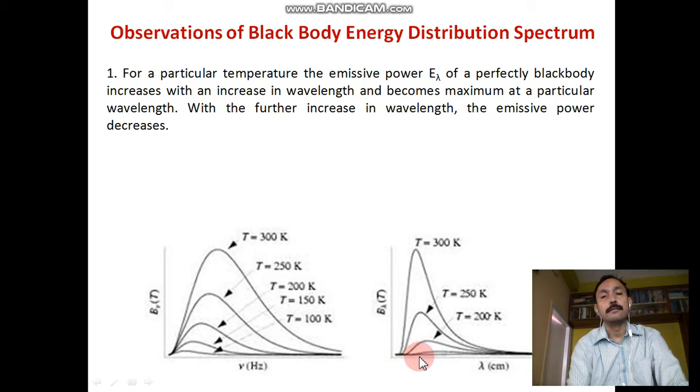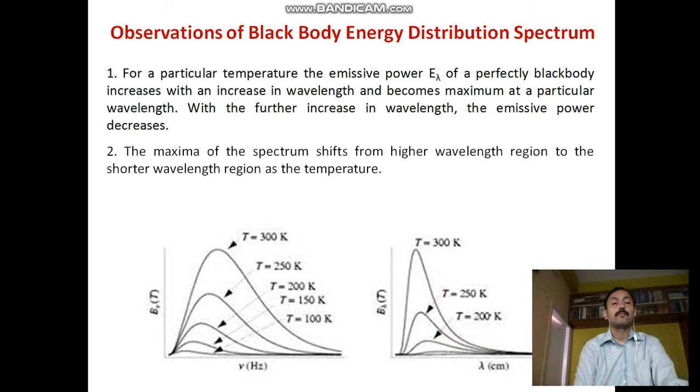Wavelength is increasing and becomes maximum at this point. Here the wavelength is lambda m, the maximum point. With the further increase in wavelength, the emissive power decreases.